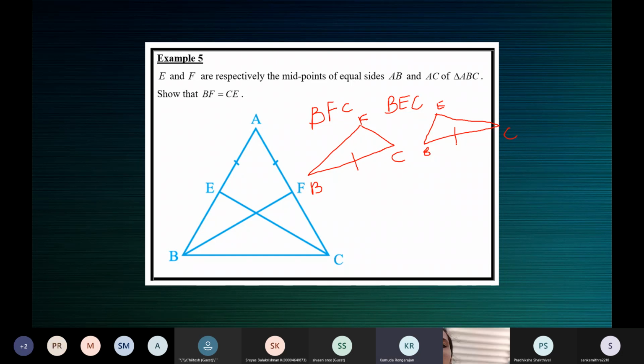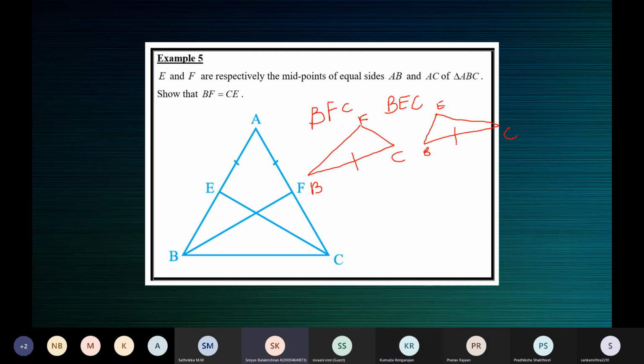Then, ma'am, BF is equal to CE. What should be proved, Shreyas? What is it that we are trying to prove?